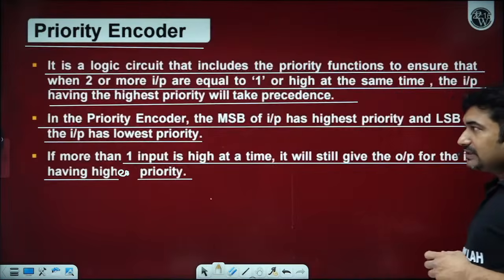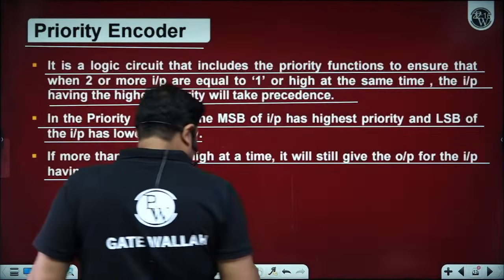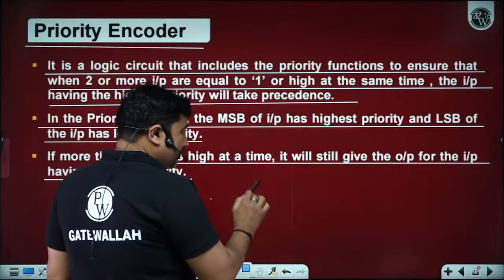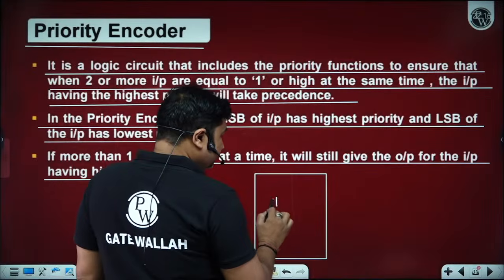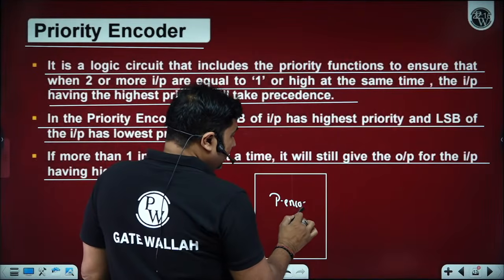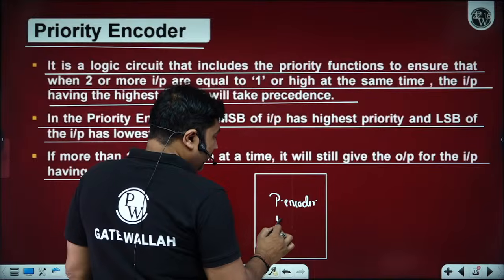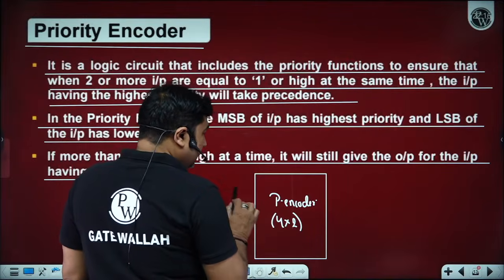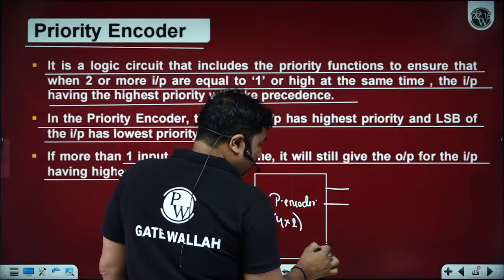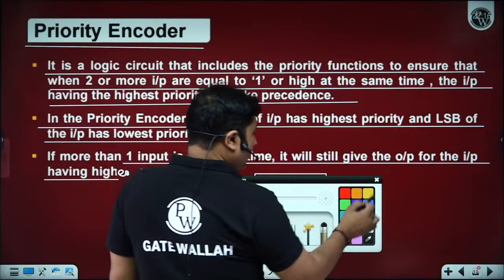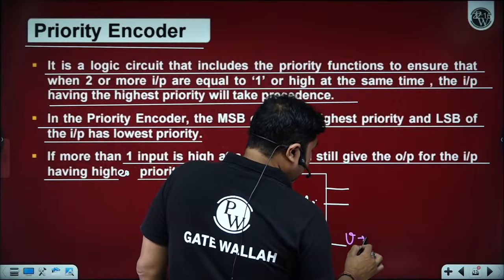So please observe once again about the priority encoder. If we have a 4x2 priority encoder, then we have 4 input lines and 2 normal output lines, plus 1 additional output line called the valid output indicator.